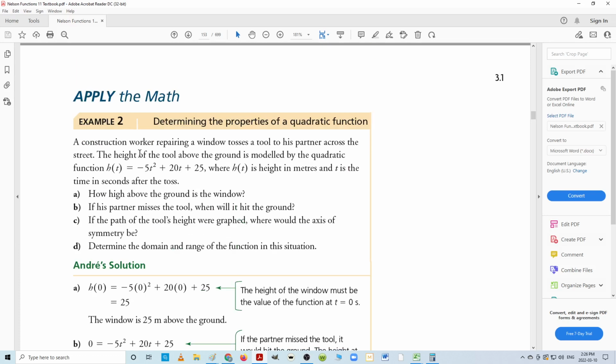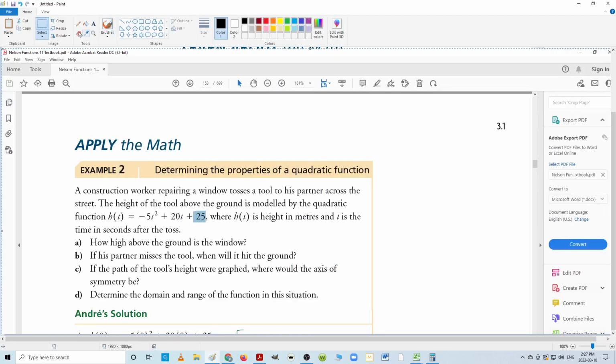How high off the ground? The first question, how high off the ground is the window? So he throws it out the window, so at time 0. So we would plug in 0 here. We get 0, 0, and we get the y-intercept. And we can expect it, by the way, because this is a negative quadratic facing downwards.